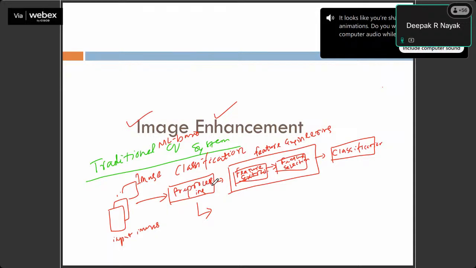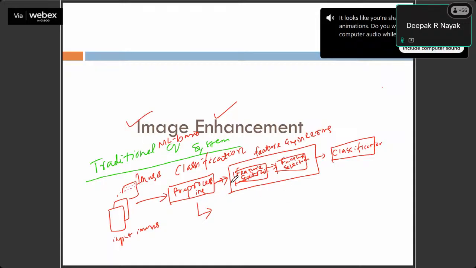Similarly, in the next stage, the most vital stage in any traditional computer vision system is known as feature engineering. Your goal is to extract the crucial features or patterns present in this image. We don't want to use the raw pixels in the image directly as the features.